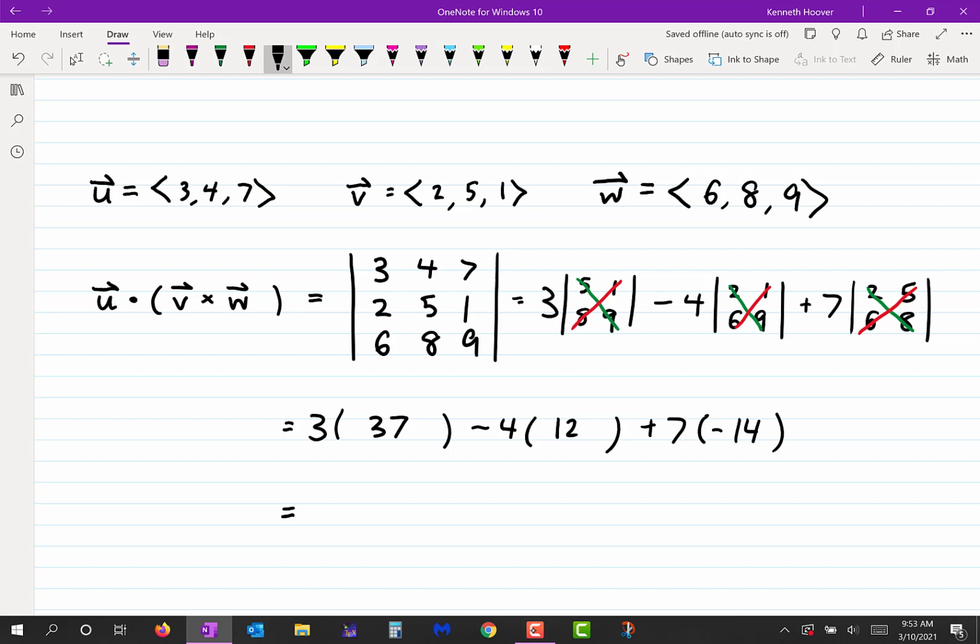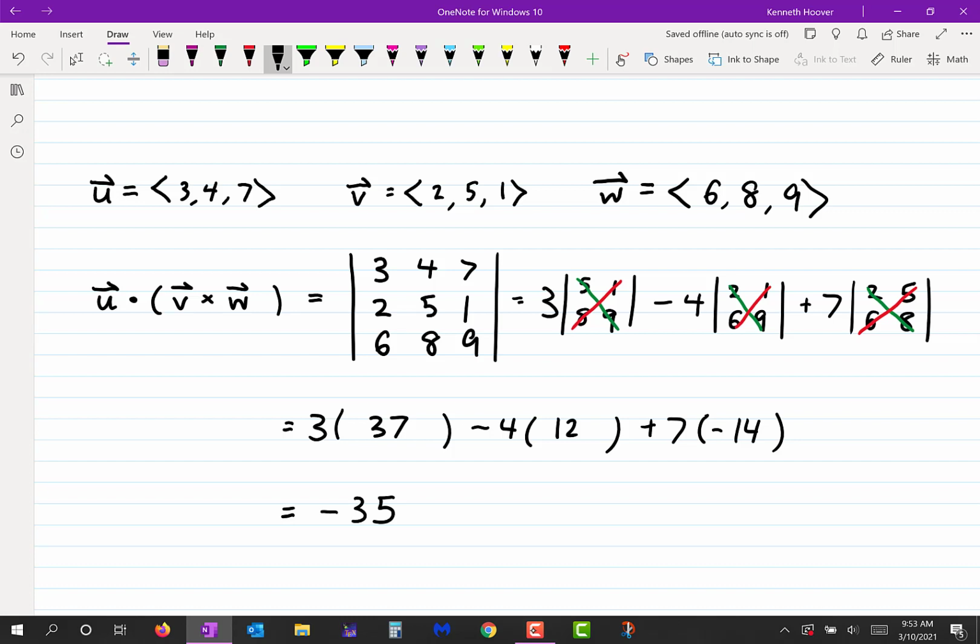So that's 111 minus 48 minus 98. We get negative 35. That's the scalar triple product, negative 35.